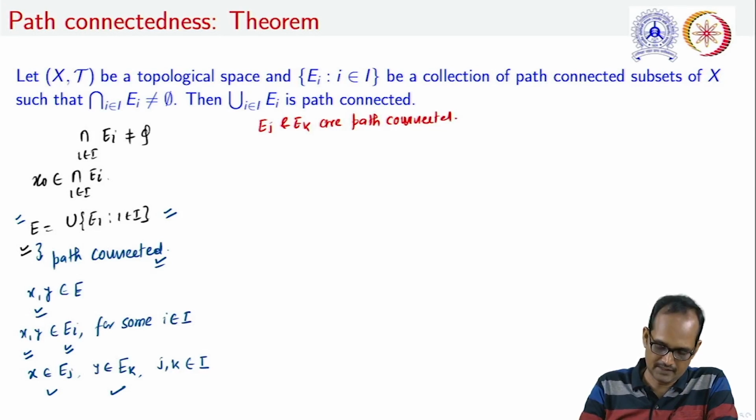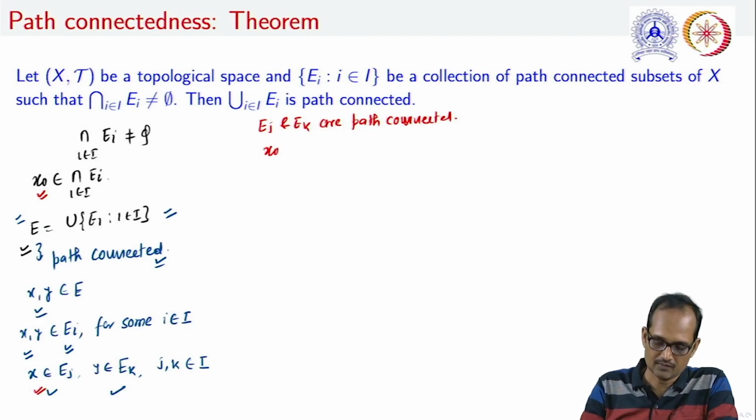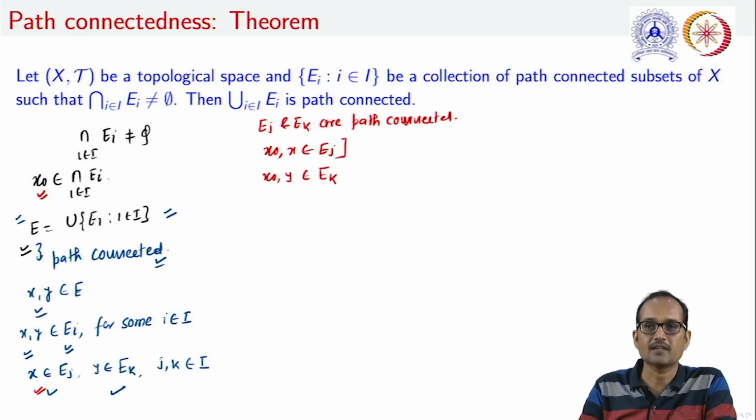and the fact that if x belongs to E_j, note that x_0 also belongs to E_j. It means that x_0 and x are elements of E_j, and x_0 and y are elements of E_k. If x_0 and x are elements of E_j, there exists a continuous function.